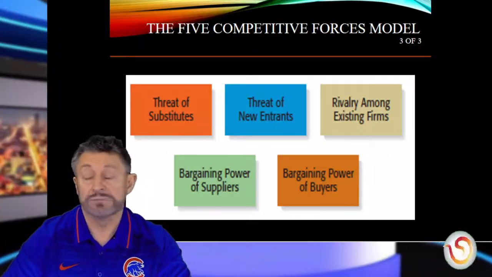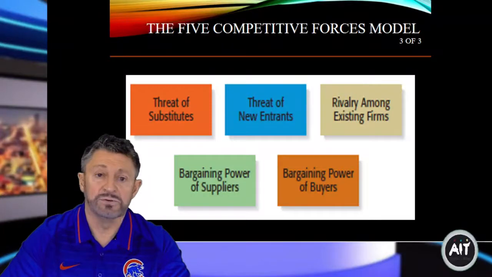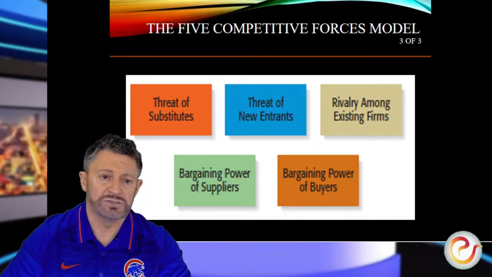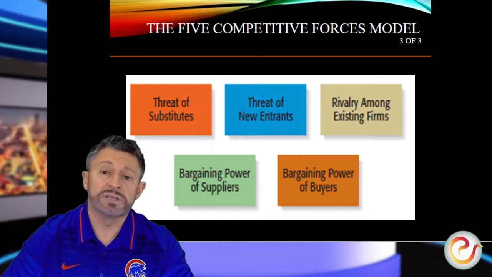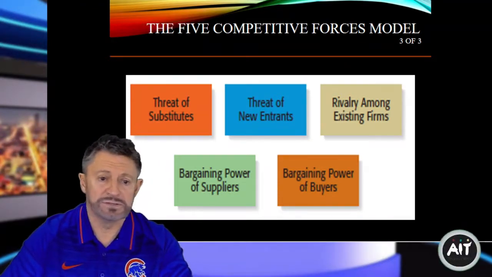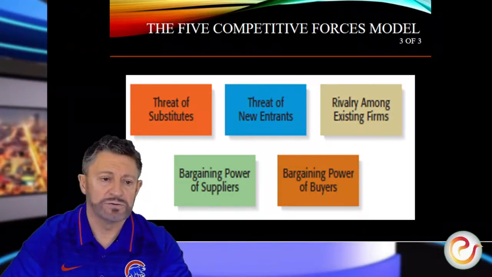So here's the model itself. Threat of substitutes, other products that can replace yours. New entrants, also new companies coming in with newer technologies to challenge yours. Rivalry amongst existing firms. Whatever one company does, the existing ones say, we better do that or do it better. That kind of rivalry will begin.